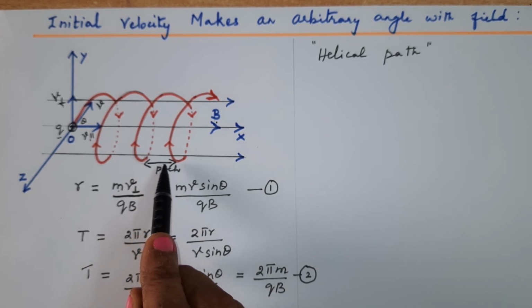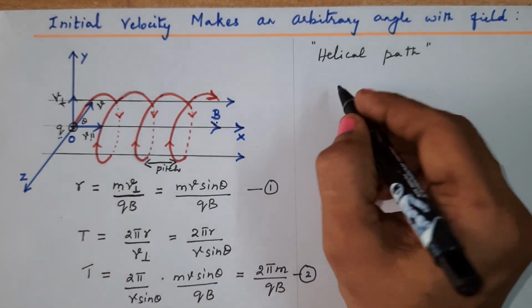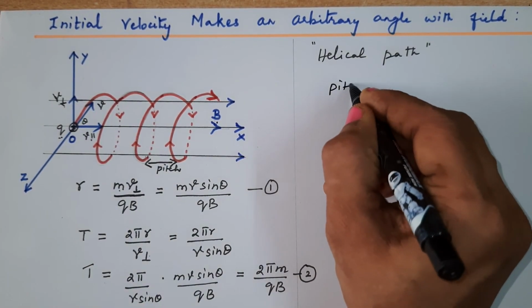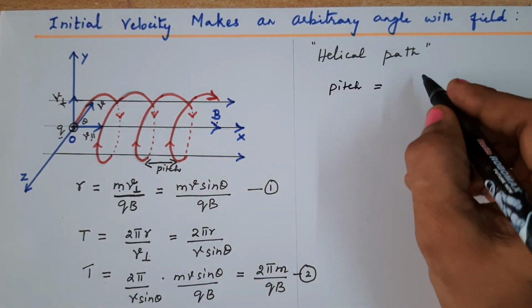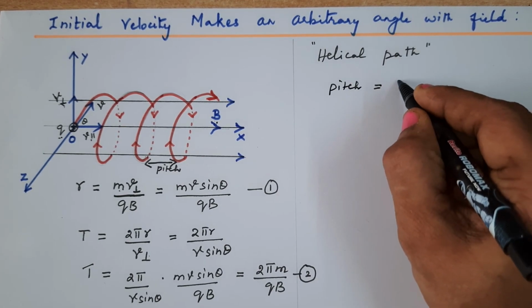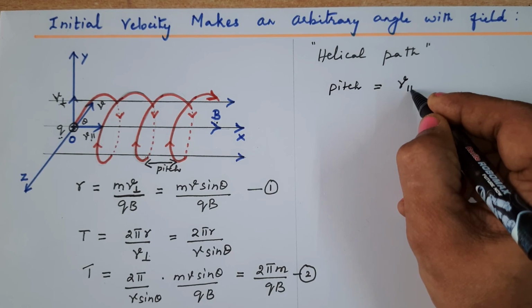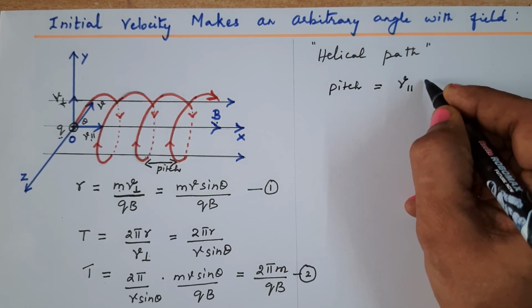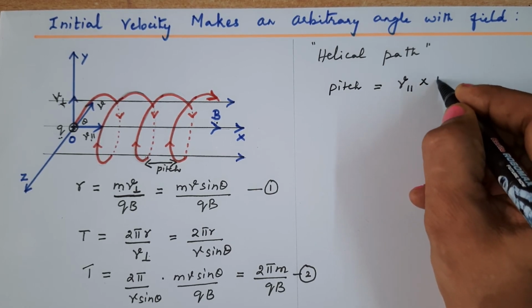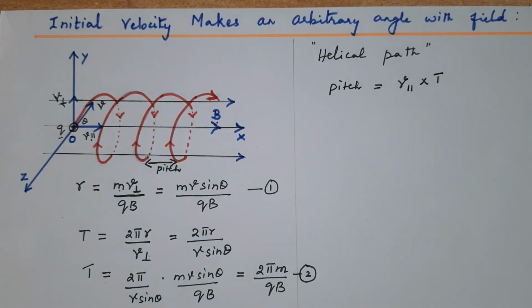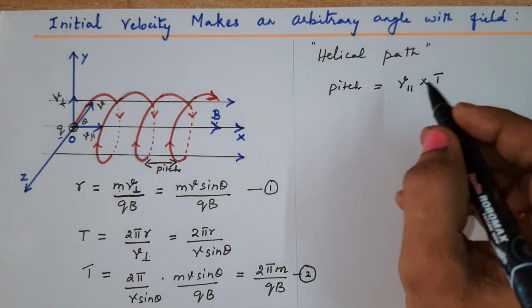This is the pitch of the helical path, and we have to calculate the pitch P. It is a distance, therefore it is the velocity component due to the parallel component in the linear direction multiplied by the time period of revolution. Therefore, V parallel multiplied by the time period.